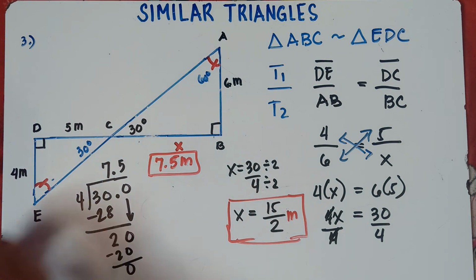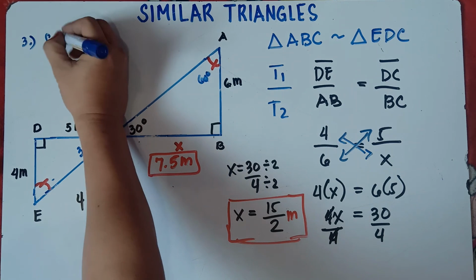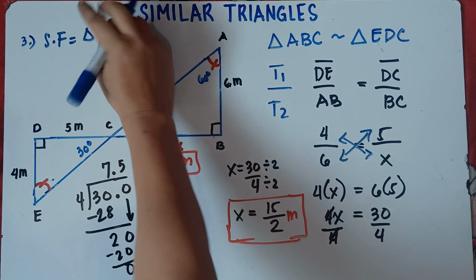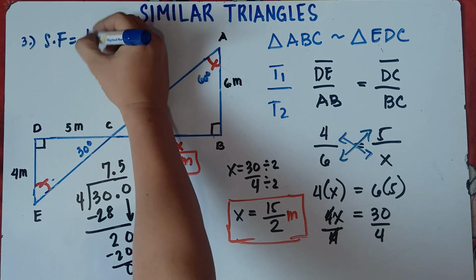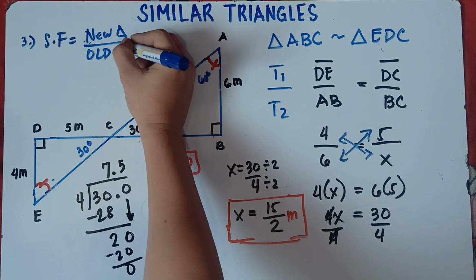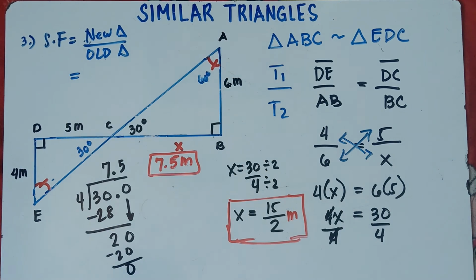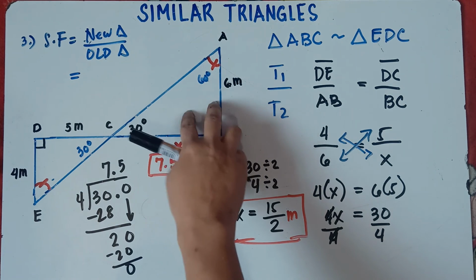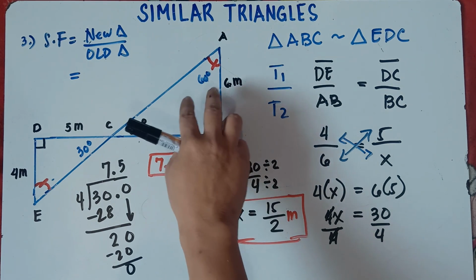Once again, class, for the scale factor, you still remember? Scale factor, that would be the new triangle over the old triangle. I forgot the scale factor, class. I apologize. So this is the old triangle, this is the new triangle. Let's assume that this is our new triangle.